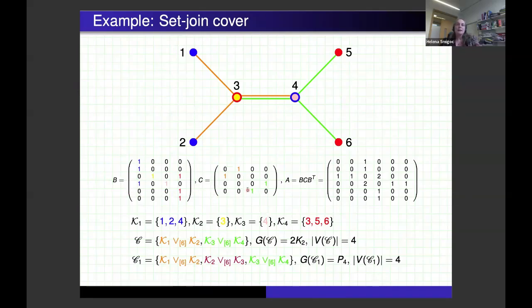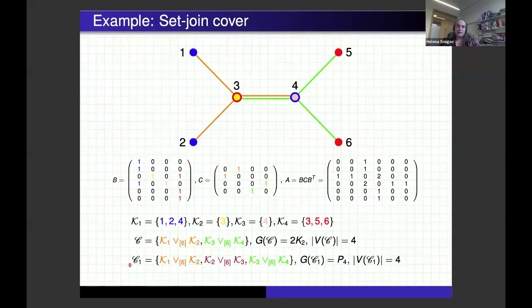And C is telling me how these components are joined. So K1 is joined to K2, so I get this 1 entry in 1, 2 position, and K3 is joined to K4, so I get 1 entry in 3, 4 position. And once I multiply these matrices together, I get the pattern. I get a matrix whose pattern is exactly the graph you see in the picture.